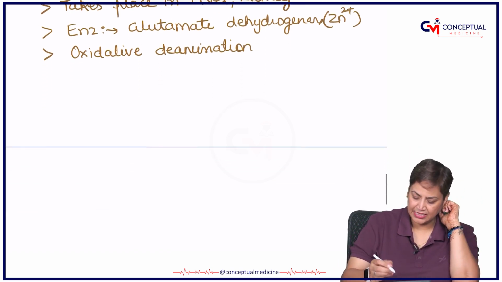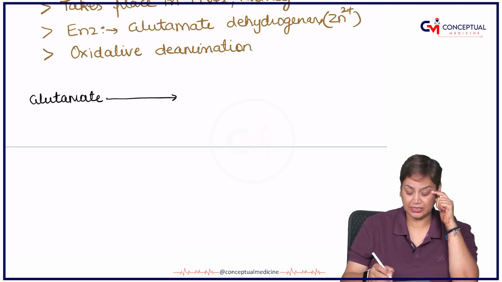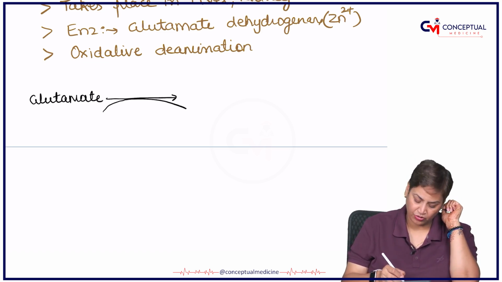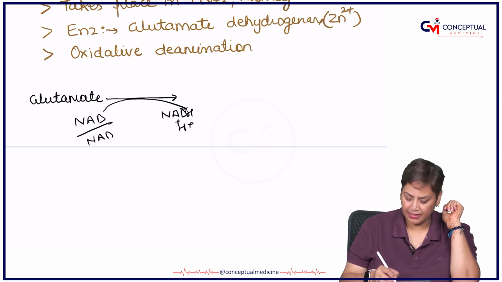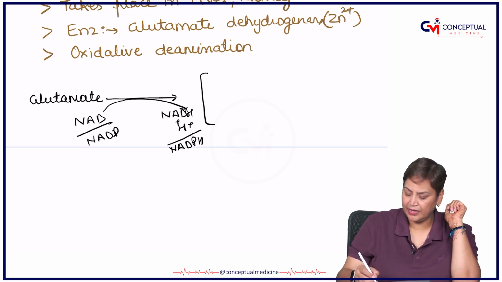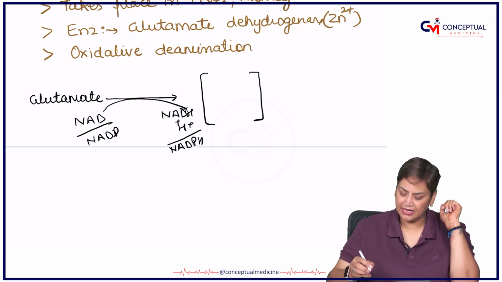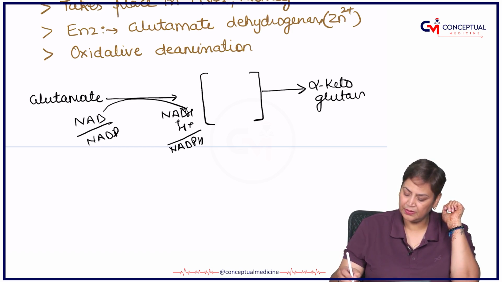And the reaction is again simple: glutamate, in the presence of glutamate dehydrogenase, with NAD to NADH plus H positive, or NADP to NADPH, will be converted into an intermediate first, and this intermediate will then be converted into alpha-ketoglutarate, giving out the amino group.